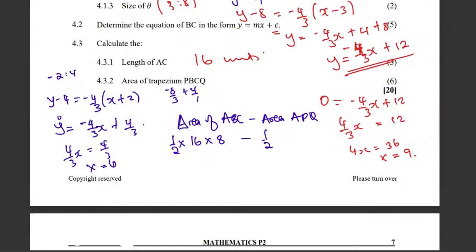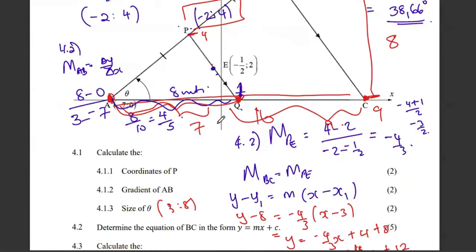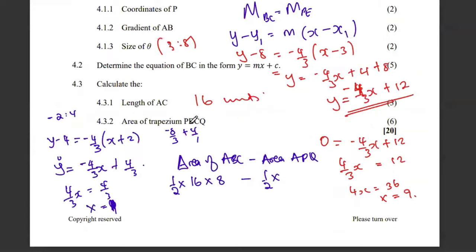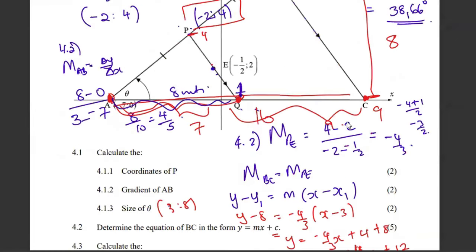This is a half. The base, remember we said x is a 1. Okay, the base is what? The base is 8 units. And the height is going to be this 4 here. Okay, 4 units, the perpendicular height.